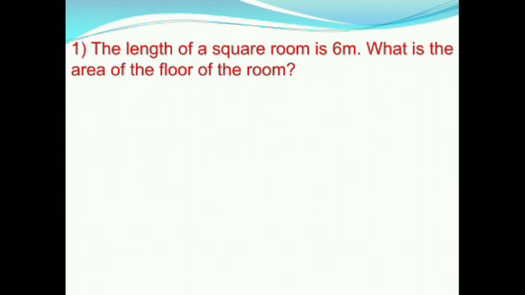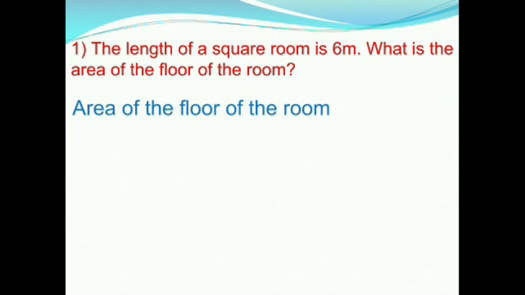Now we will solve the following. The first question is, the length of a square room is 6 meter. What is the area of the floor of the room? Now we should find out area of the floor of the room. This room is in which shape? Yes, square shape. To find out the area of the square, which formula we can use?